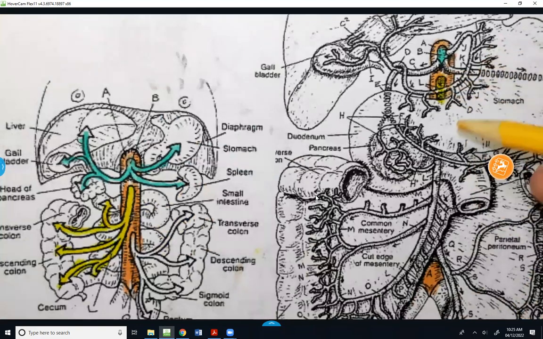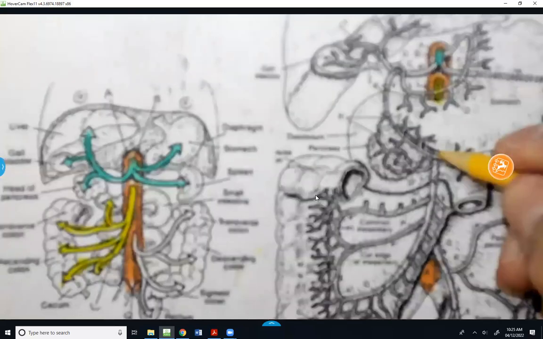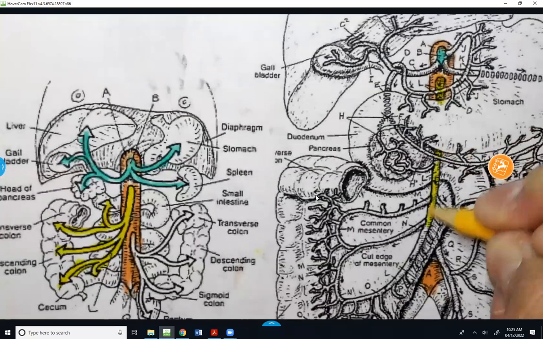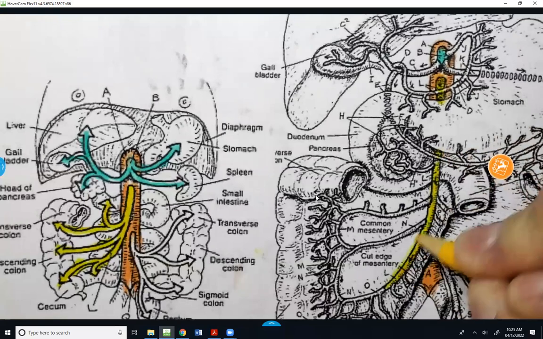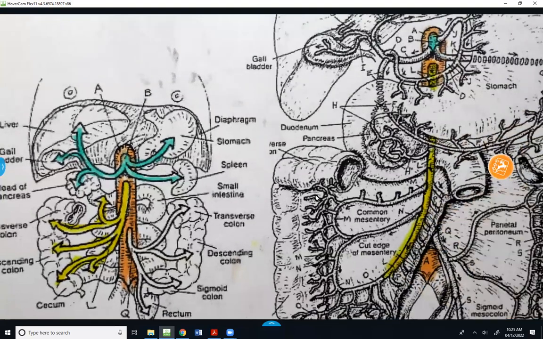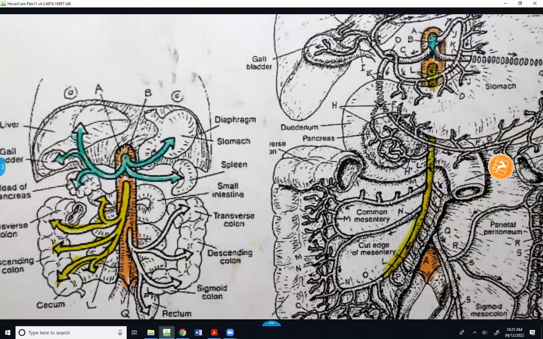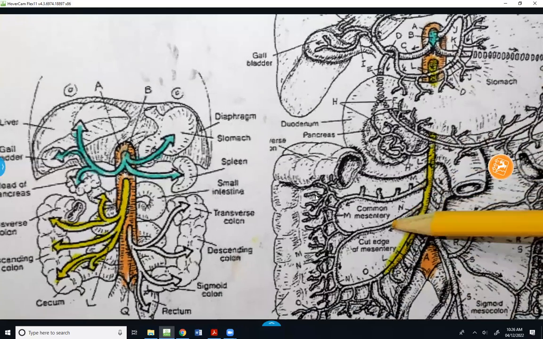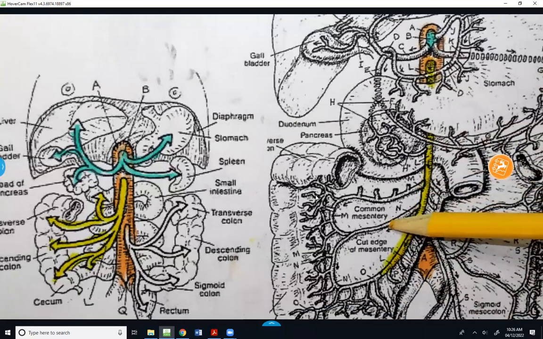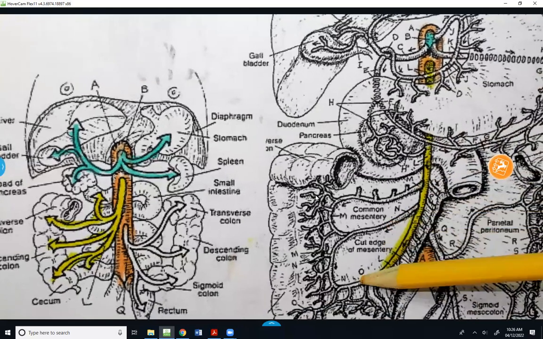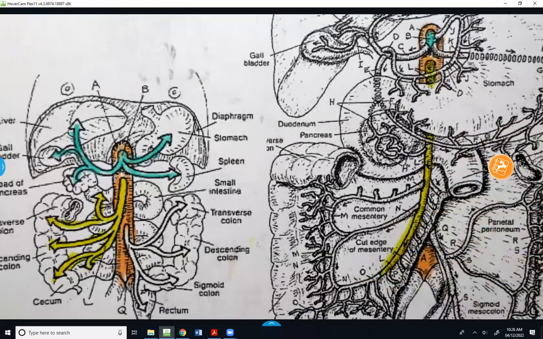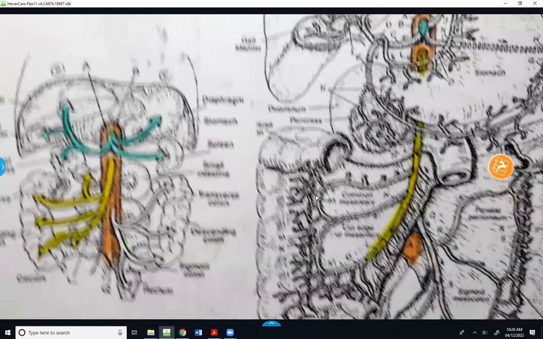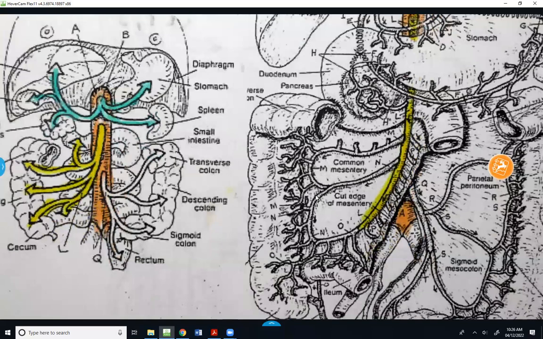And then it dips in behind the stomach, just like the aorta did. And then coming off of it include letter M, the middle colic artery, which is right here. Letter N, what is called the right colic artery, and then letter O, which is the ileocolic artery that feeds ileum and colon.